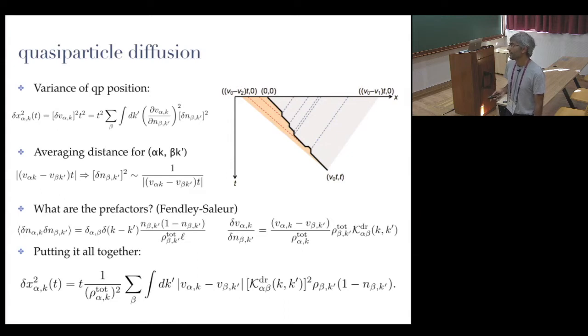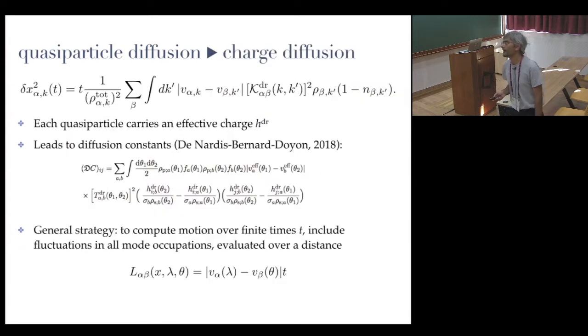Once you have this formula, you can then try to rework it into an expression for the actual diffusion constants of conserved quantities. And for this, it's helpful to go to the much more systematic form factor calculation that Jacopo and Ben and Denis Bernard did around the same time, slightly earlier, crucially.